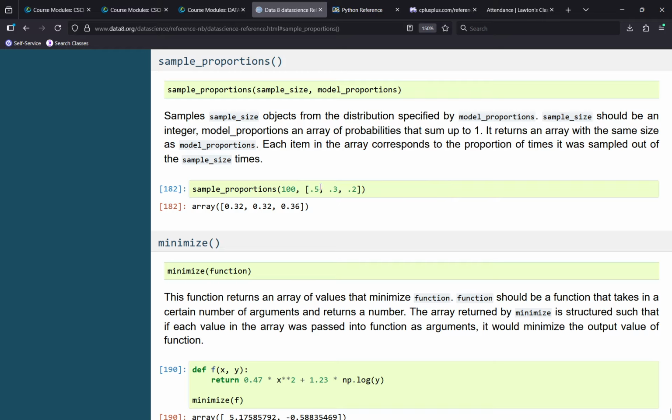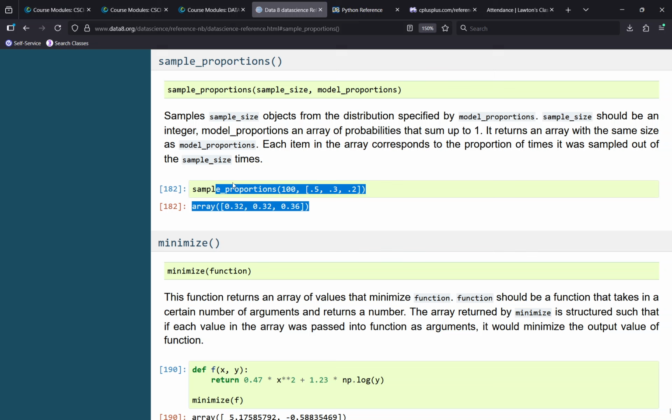It's saying the first thing has probability 0.5, the second thing that you could possibly pick has probability 0.3, 30%, and the last thing that you could possibly choose has probability 20% or 0.2. So use it in that way. I want to draw 100 things randomly from this sample, and it gives you back, all right, you drew 32% were the first thing, 32% were the second thing, 36% were the third thing, which honestly doesn't look right given these probabilities, but it was just 100 things.